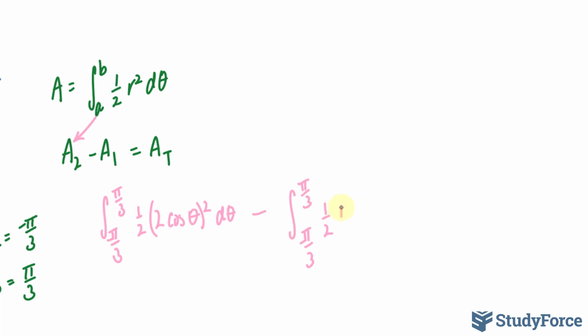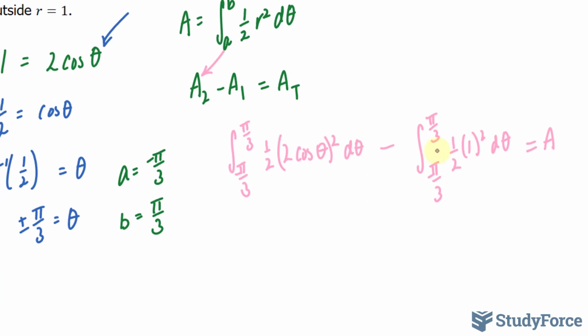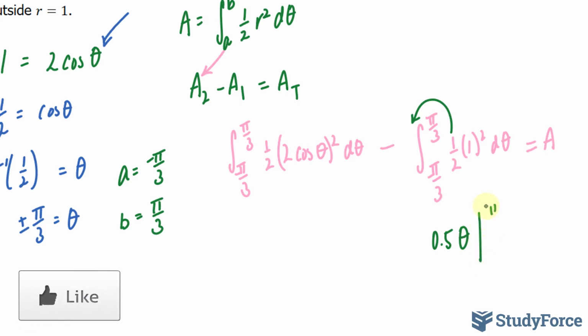So we have 1 to the power of 2, which is 1. This one is easy, this one is a little harder. Next, we will find the integral of the easier of the two. The integral of this is, I'll pull out this half, the integral of 1 is theta. So we have 0.5 theta, and we need to evaluate this at pi over 3 and negative pi over 3.